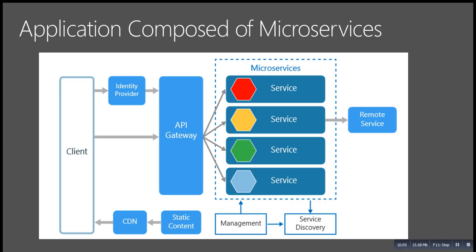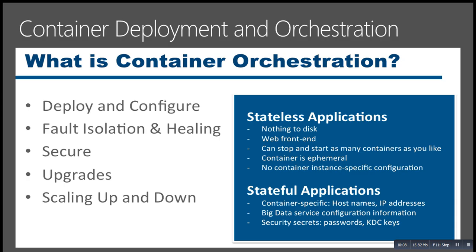So, container deployment and orchestration. This is one of the biggest features of Azure Service Fabric. Service Fabric, as we know, is Microsoft's container orchestrator, right? It deploys microservices across a cluster of machines.